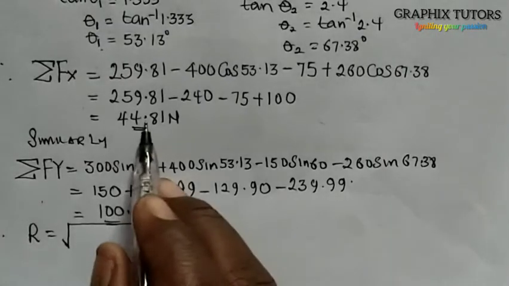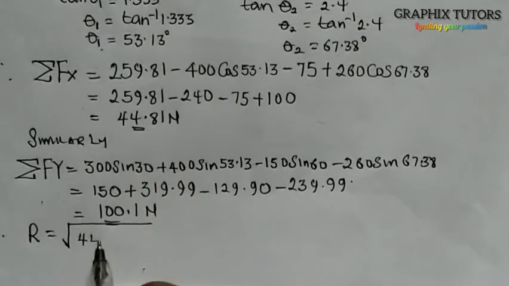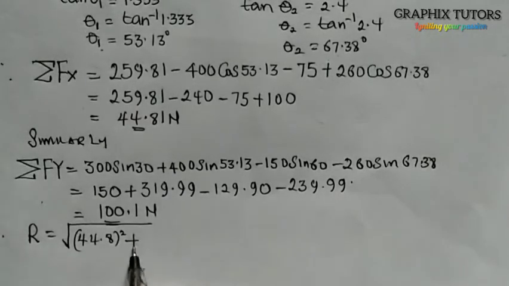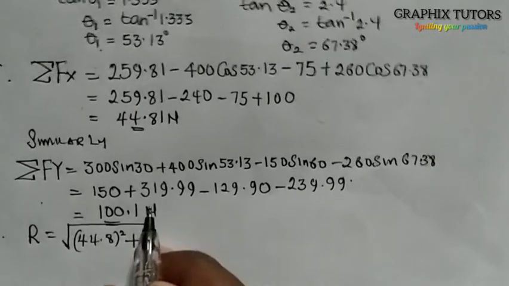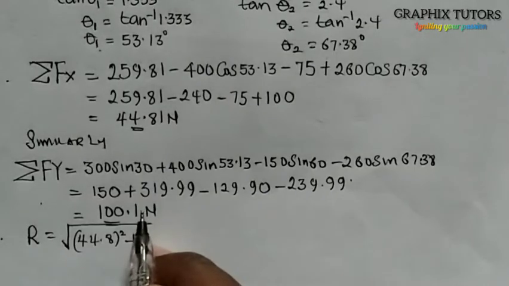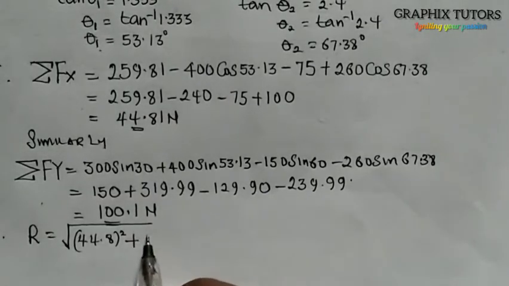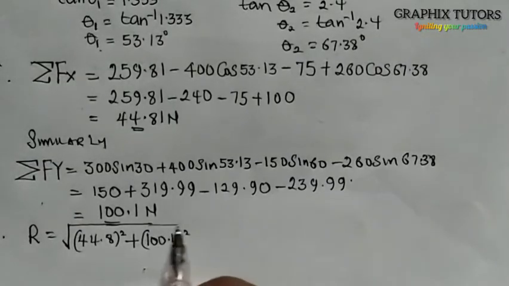What is f of x? F of x is 44.8 all squared, plus the summation of f of y, which is 100.1 all squared, right?